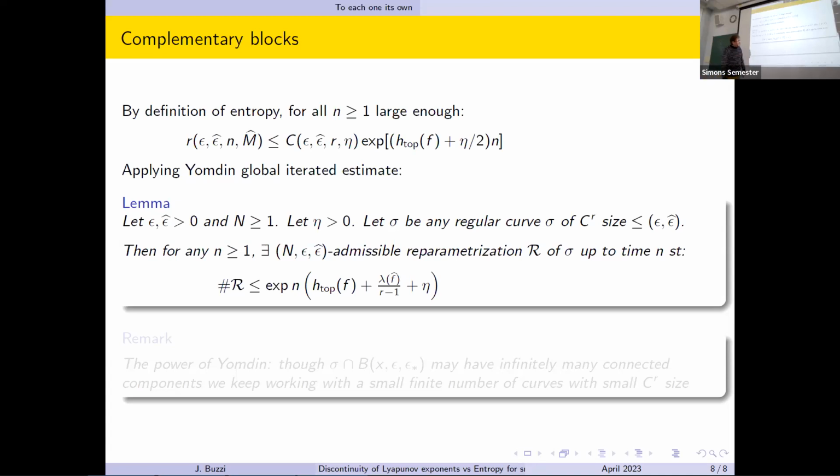You want to see that the curve does not grow when you are in a neutral block.